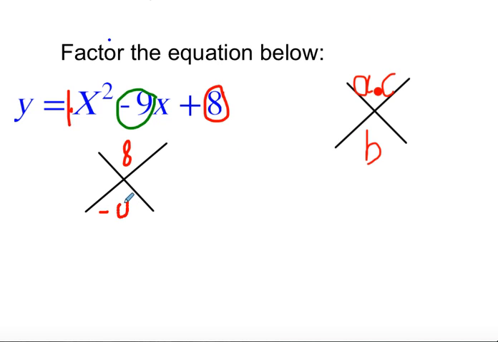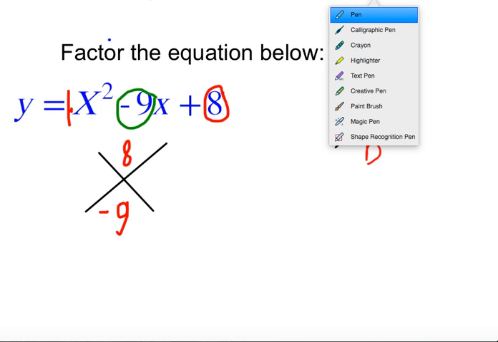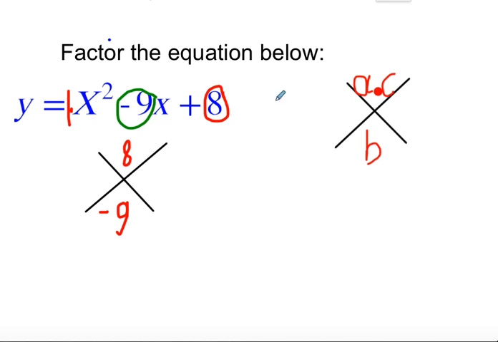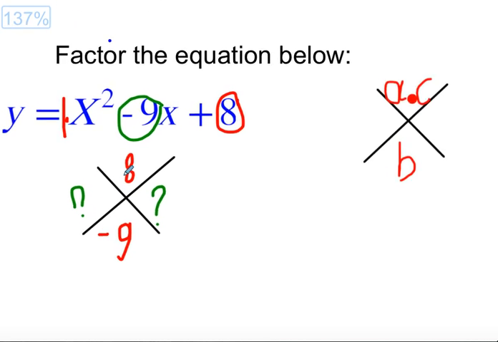Now, this part is really the highlight of this video. Double focus, memorize it. Now we have to find a number here, and a number here. We're done with the formula.